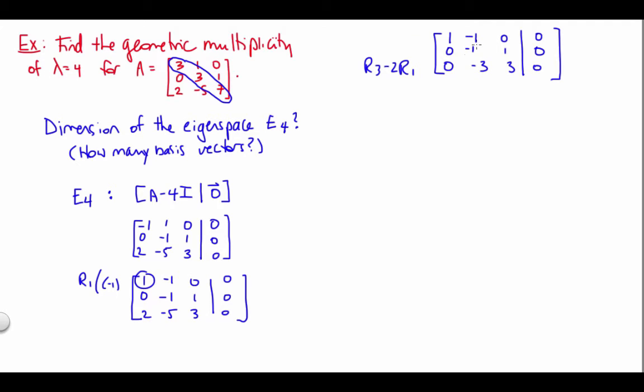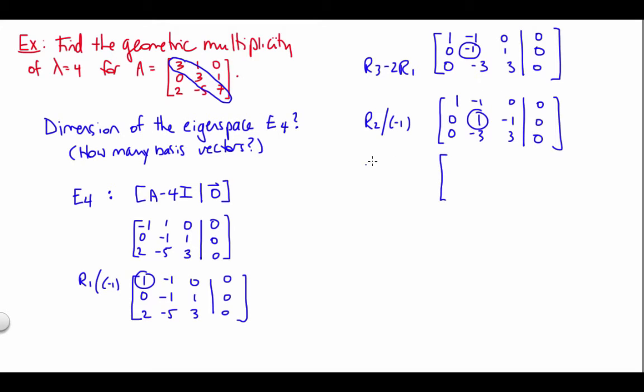Right, at this point we can move down and to the right. This -1 is going to be our new pivot, so let's take row 2 divided by -1. That's just going to change the signs all the way through there. We can recopy our top and bottom rows. And then last thing we can do is just clean up that second column.